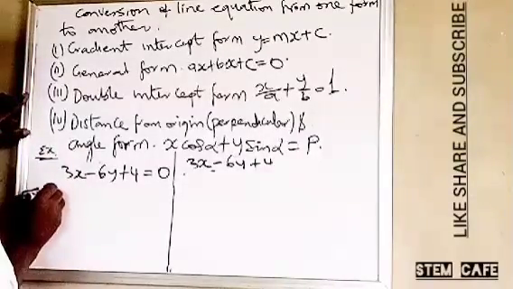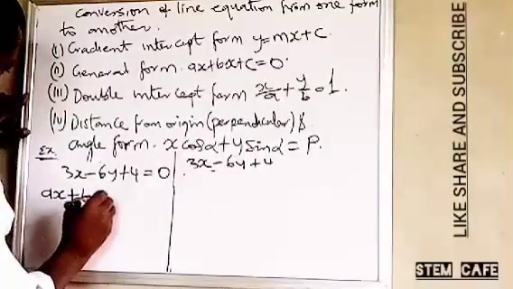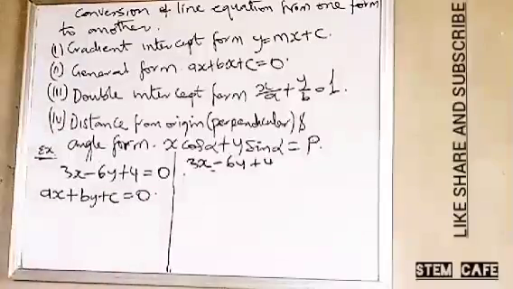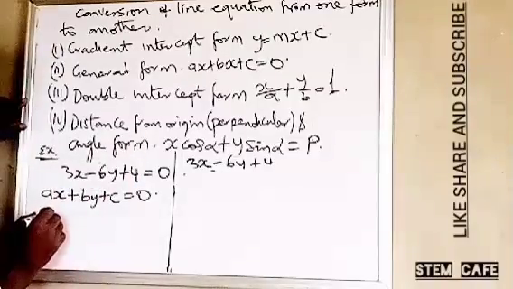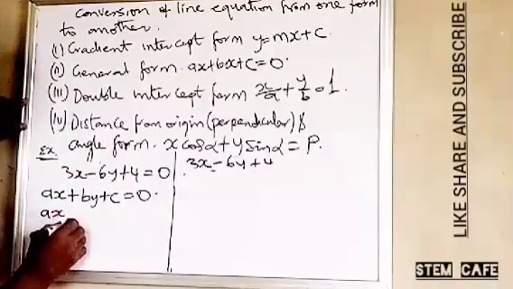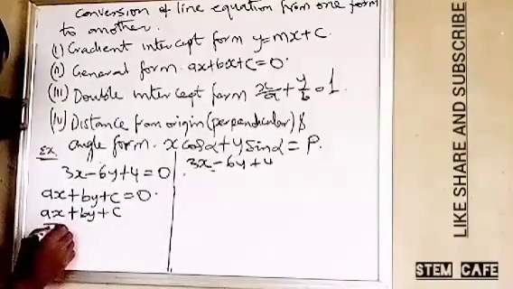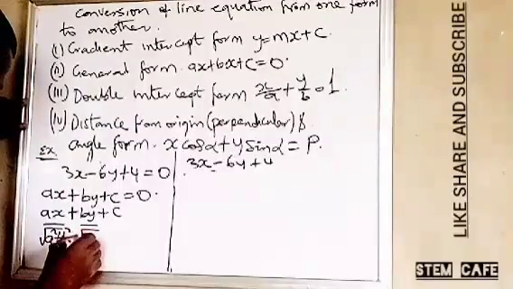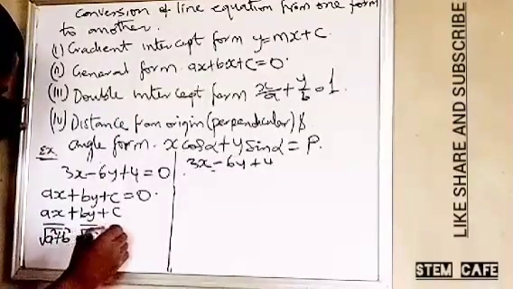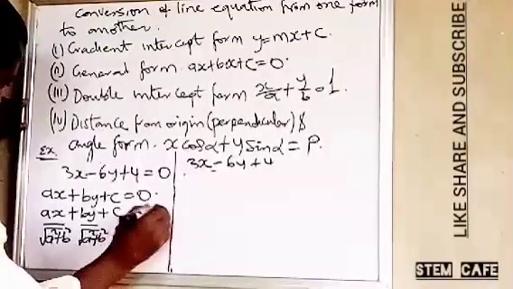When we have a straight general equation like this, the way to convert it to this form is to divide through by root of a square plus b square, so we have ax plus by plus c over root of a square plus b square equals 0.